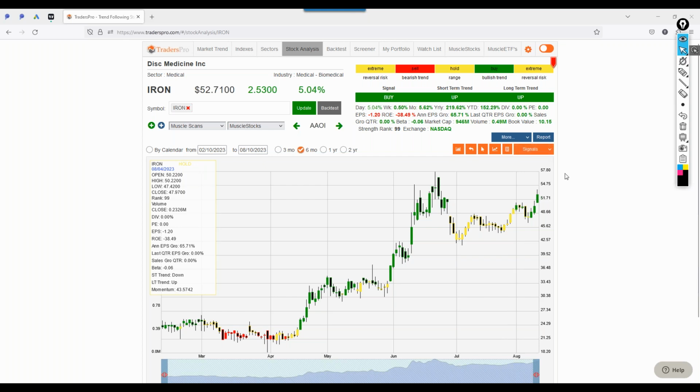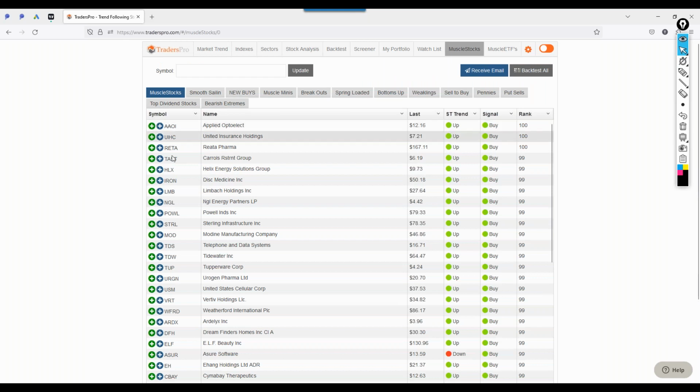The whole point is looking for stocks that are moving high, that are moving in the right direction. Granted, some of these will move high, they'll get really extreme, and then they will drop like a rock. So you certainly have to be cautious when stocks have had a massive move higher, like some of the ones that we've just looked at. But that's called the muscle 10 strategy.